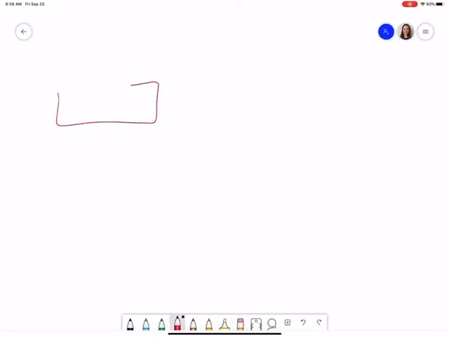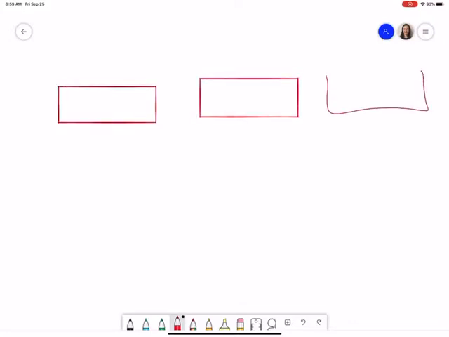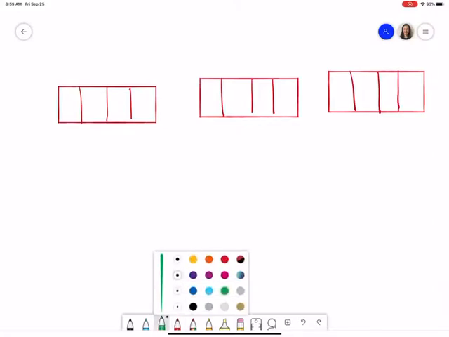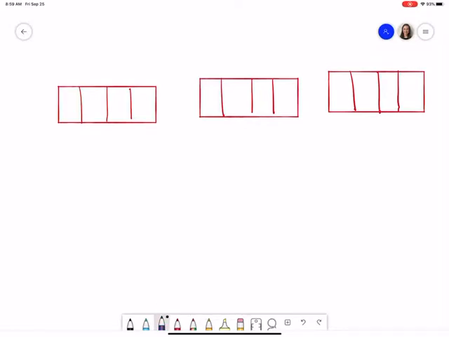Okay, so right now I am creating a model that stands for the equation that we're going to be writing.